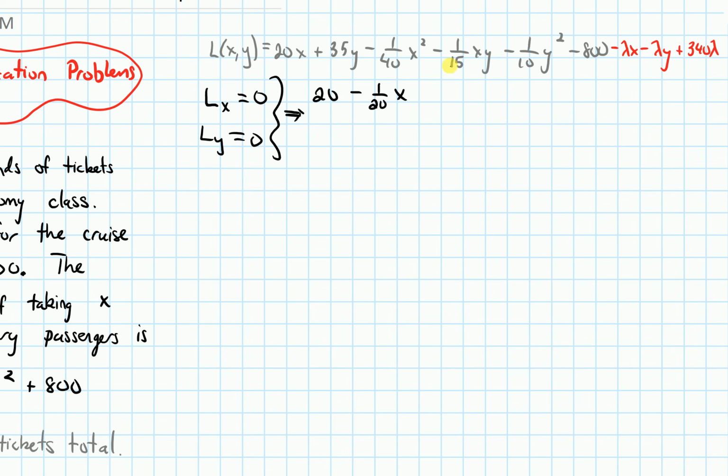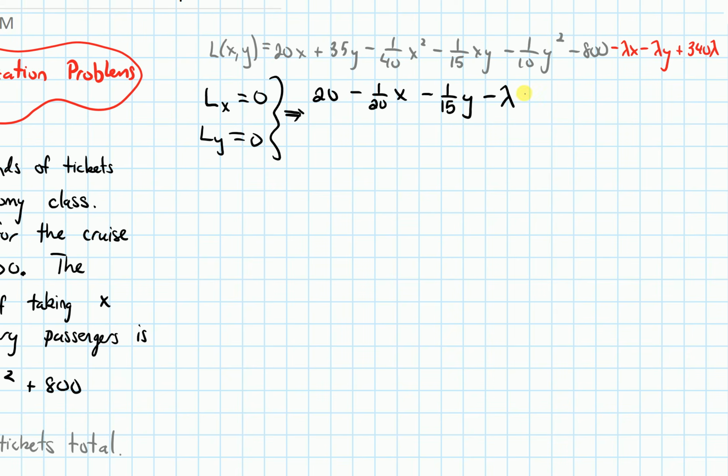For the minus 1 over 15xy, that partial derivative is going to be minus 1 over 15y. And then for the next term, it's 0. For the minus 800, it's also 0. For minus lambda x, that partial is going to be minus lambda. And then the remaining two terms are going to be 0, because neither one of them has an x in it. And notice that we're treating lambda as a constant when we do this. Okay, so that's the partial with respect to x.